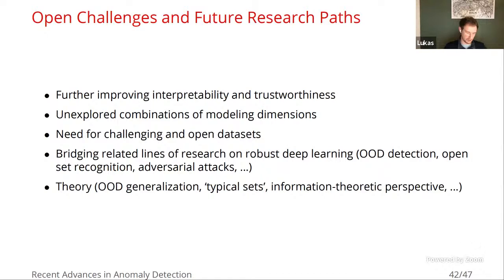So for instance, for a Gaussian distribution, the most likely regions tend to be on this annulus. And from this, there are novel ideas how to formulate the anomaly detection problems for truly high dimensional problems theoretically. And yeah, for representation learning, for anomaly detection, looking into an information theoretic perspective.